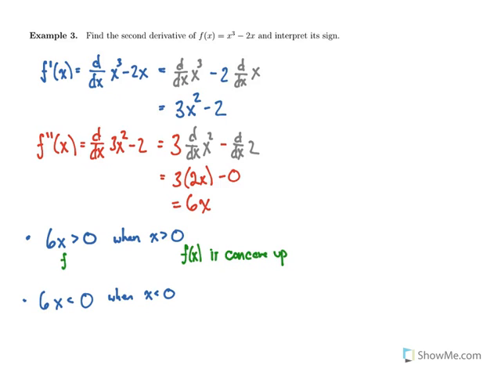The second derivative is positive on the interval 0 to infinity. And f of x is concave down on the interval negative infinity to 0. So these are questions that we've dealt with in the previous chapter, but now we have a nice, easy way to do derivatives with this power rule, and we're going to learn even more rules in the next few sections.